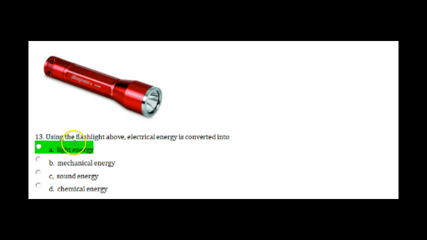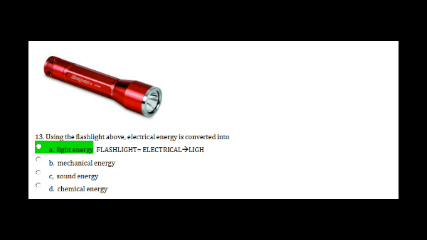Number 13 says, using the flashlight above, the electrical energy is converted into light energy. We have to know that. That should have been a pretty easy one. Remember, how would you write that energy conversion? You would say flashlight equals electrical, and then dash dash, and then the greater than symbol, and it makes that little tiny arrow.